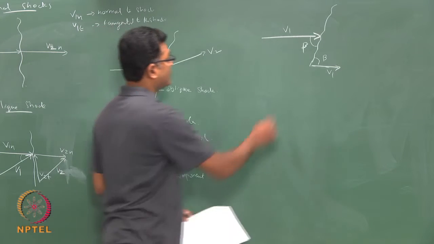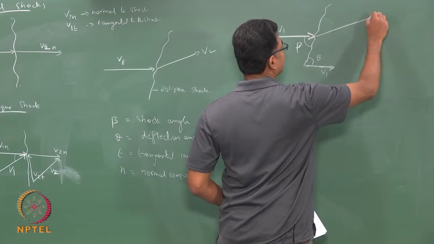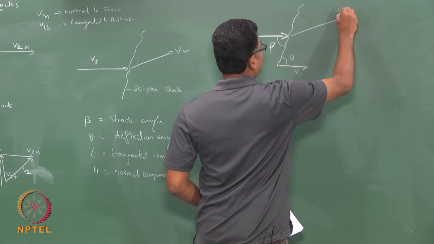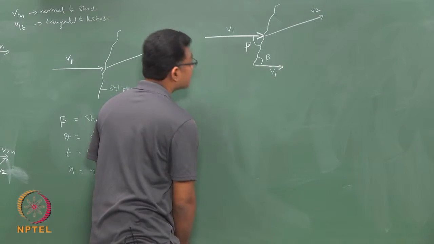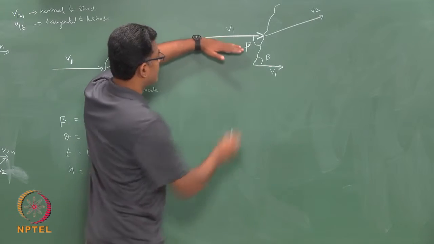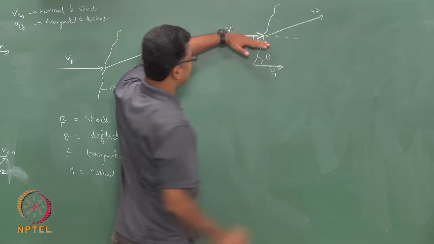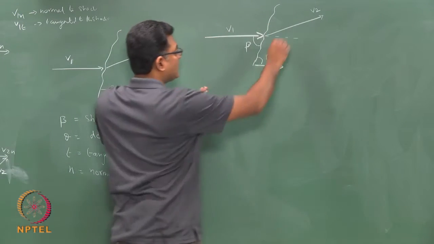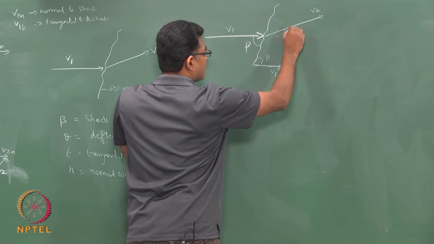And the deflection angle is, so if my velocity is deflected this way, okay, so from V, which is going this way, my velocity is deflected this much, that is my theta.